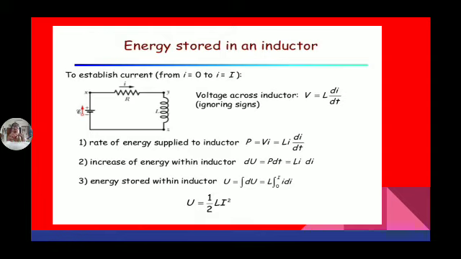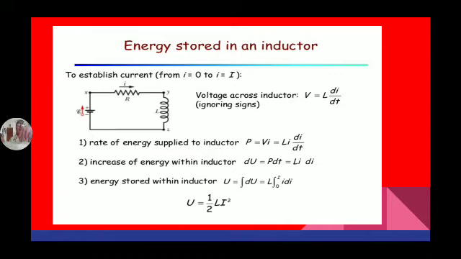If you supply more current, more flux is developed, so more magnetic energy is stored. It means the energy stored in a magnetic field first depends on the current. Then, based on what property is it able to develop the magnetic field? That property is self-inductance, L. So it also depends on L.